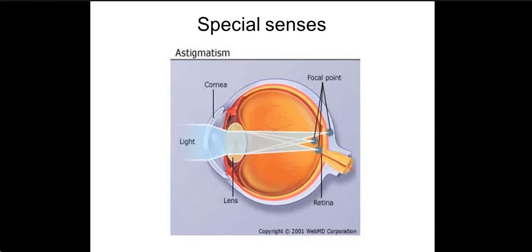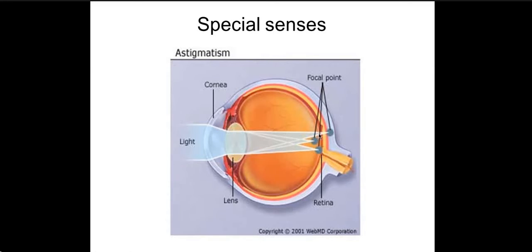And if the anterior surface of the cornea is uneven, or there are different curvatures in different meridians of the cornea, then the object is not focused in the same plane.